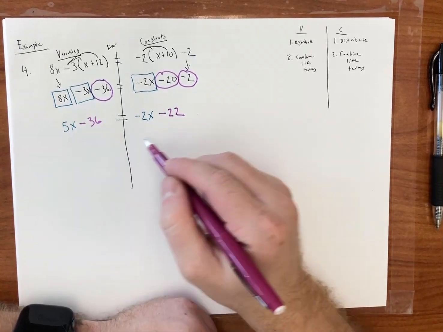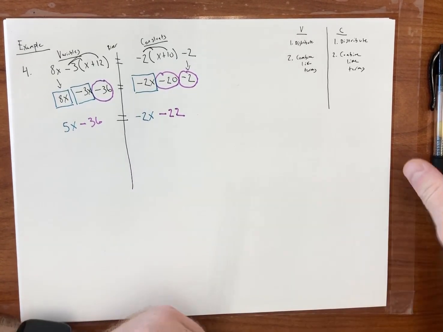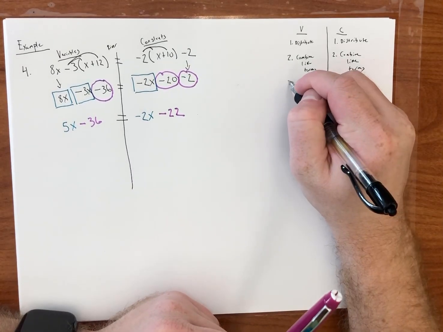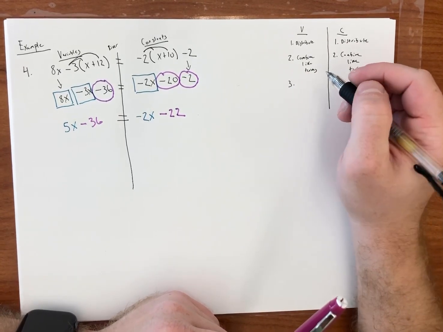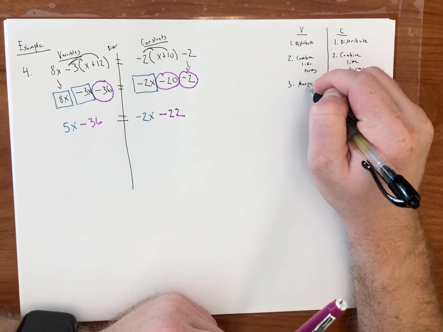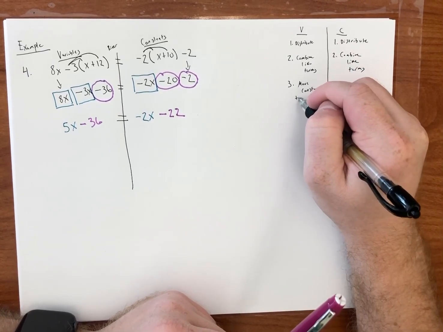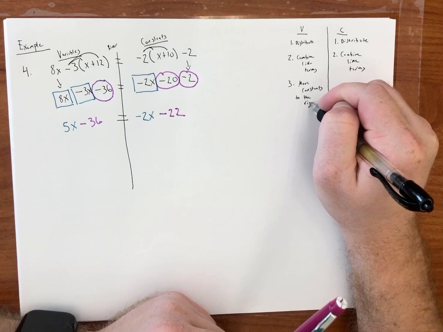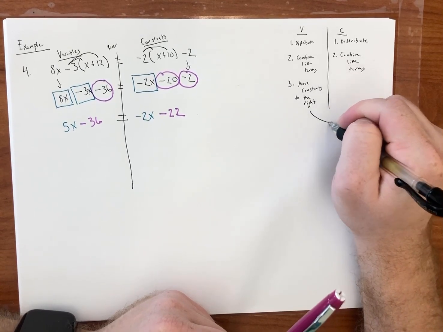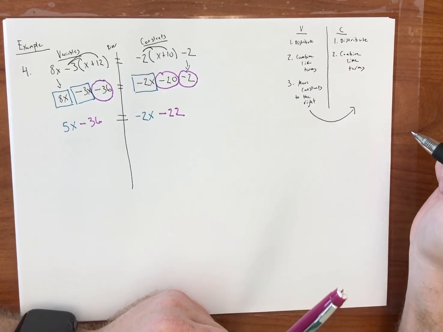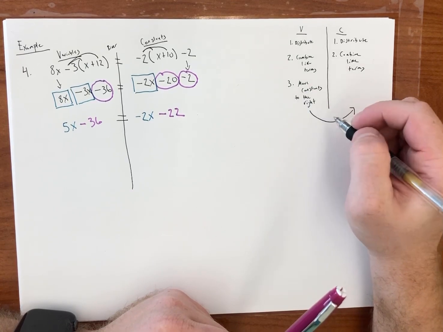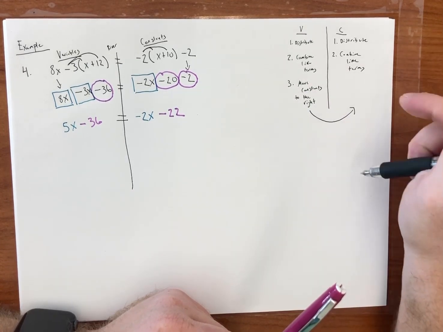Now, remember, here we are at this point. Our next step, let's look at the variable side first. Remember our next step. We want to move constants to the right. If I do that on the left side, I have to do that on the right.